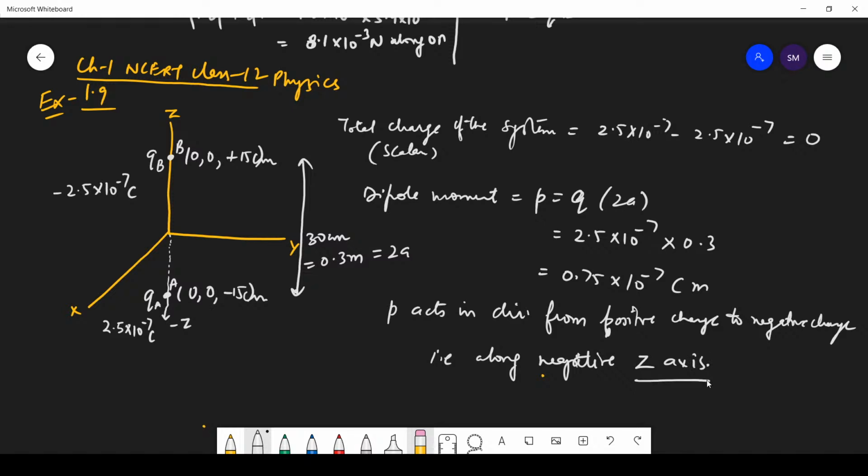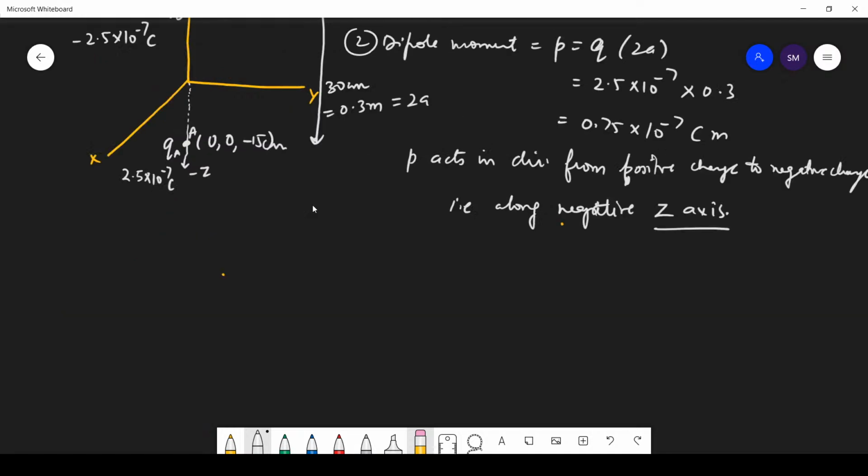So students, charge was a scalar quantity, so we gave the magnitude as the answer. The second part was the dipole moment. The dipole moment is a vector quantity, so we write the magnitude first and then the direction.